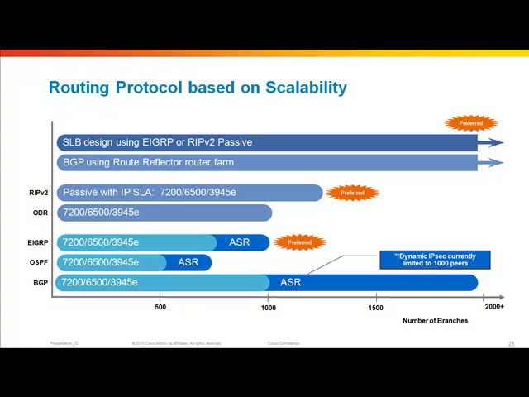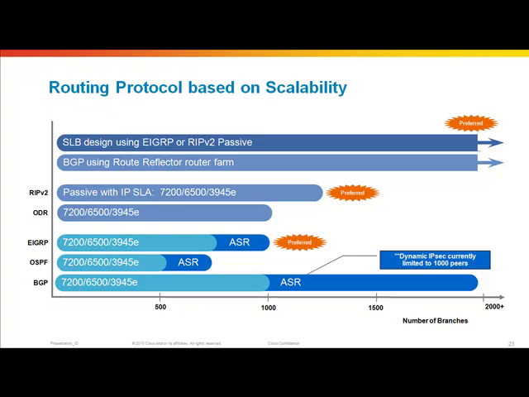There's a way that we can actually run it so that the spokes advertise via RIP their routes to the hub, but the hub sits there passively. He collects those routes and puts them in a routing table, but he never advertises anything back to the spokes. By doing that, it lowers the CPU load on the hub significantly, allowing us to support more spokes.